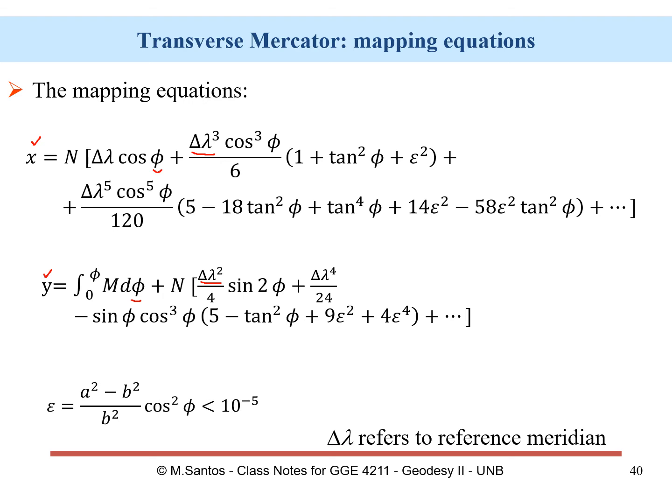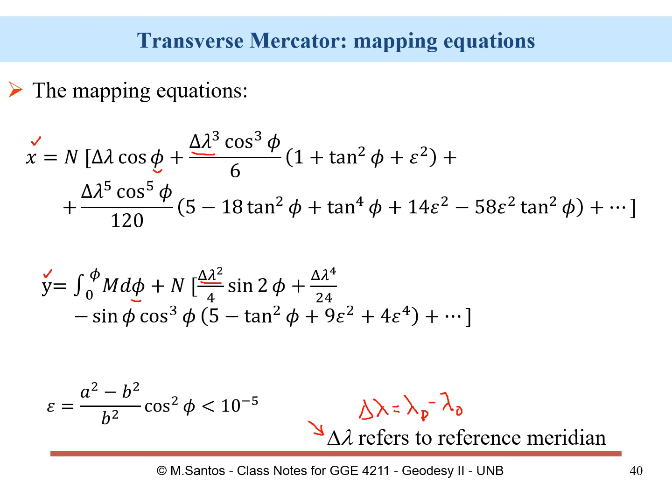What is this difference of longitude? This delta lambda refers to the reference meridian. So delta lambda is going to be the longitude of the point minus the longitude of this reference meridian or the central meridian or the standard meridian.